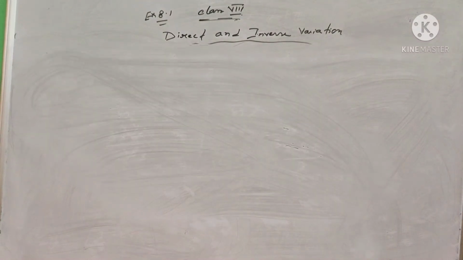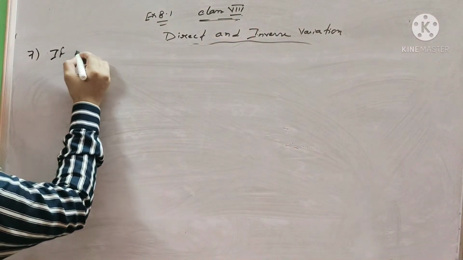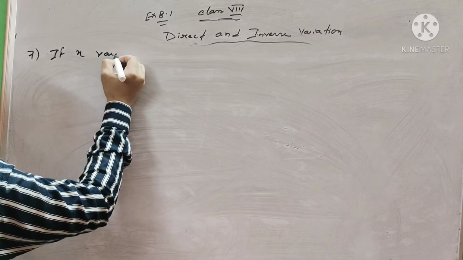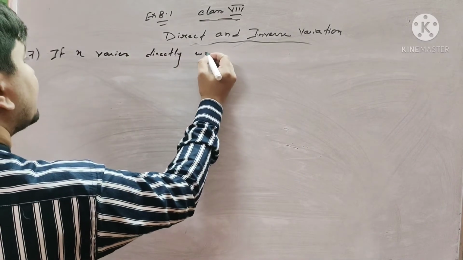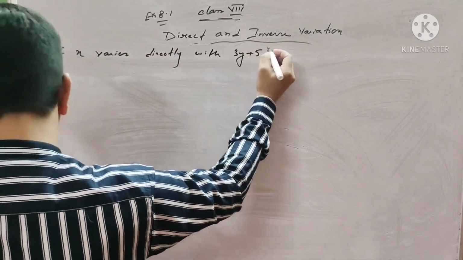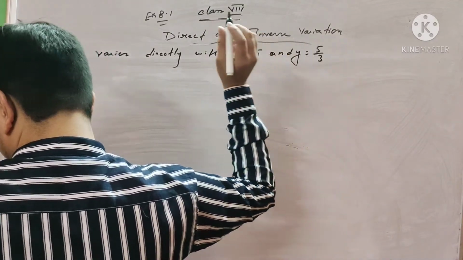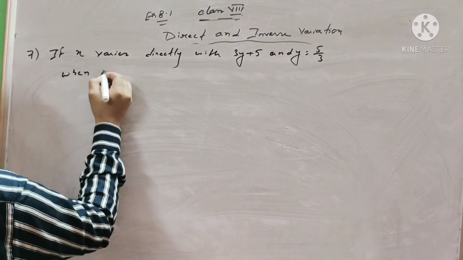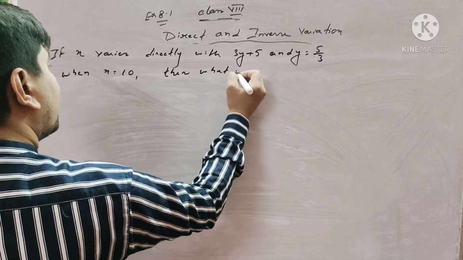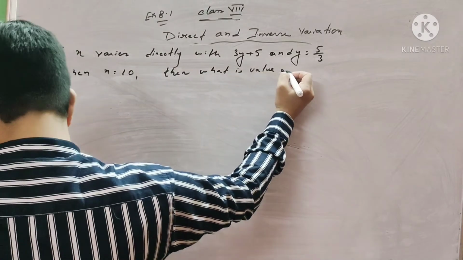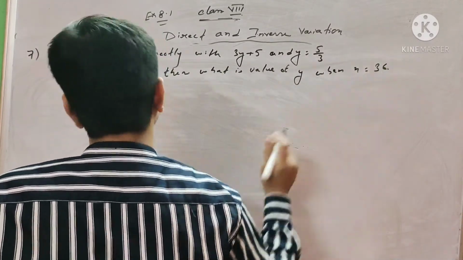Question number 7. If x varies directly with 3y plus 5 and y equals 5 by 3 when x equals 10, then what is the value of y when x equals 36?